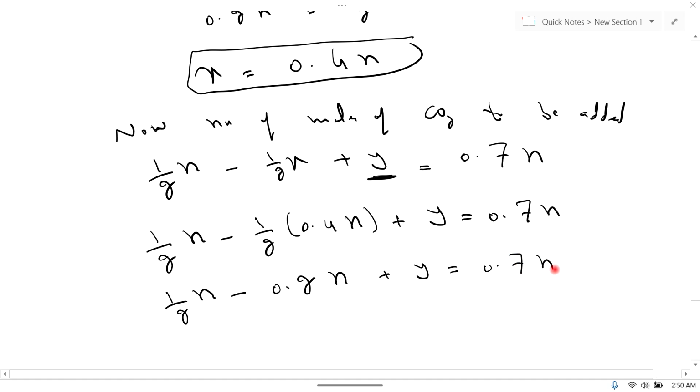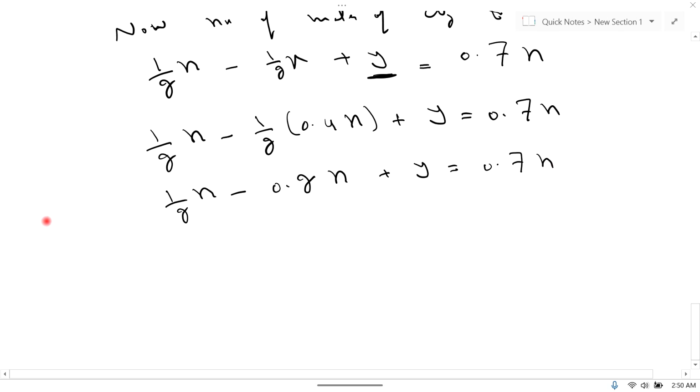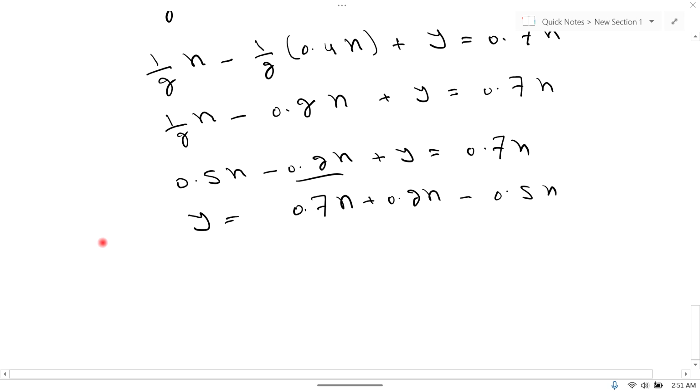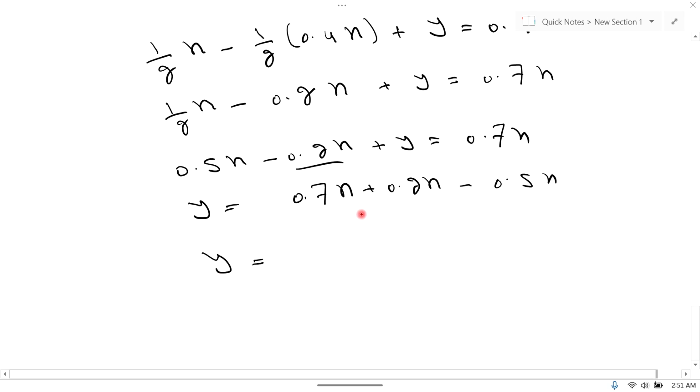Now this will be 1/2 n is equal to 0.5n, and this is equal to minus 0.2n plus y is equal to 0.7n, or y is equal to 0.7n, this will be negative on this side and positive on the other side, plus 0.2n minus 0.5n. So y is equal to 0.7 plus 0.2 is 0.9, and 0.9 minus 0.5 is 0.4n.